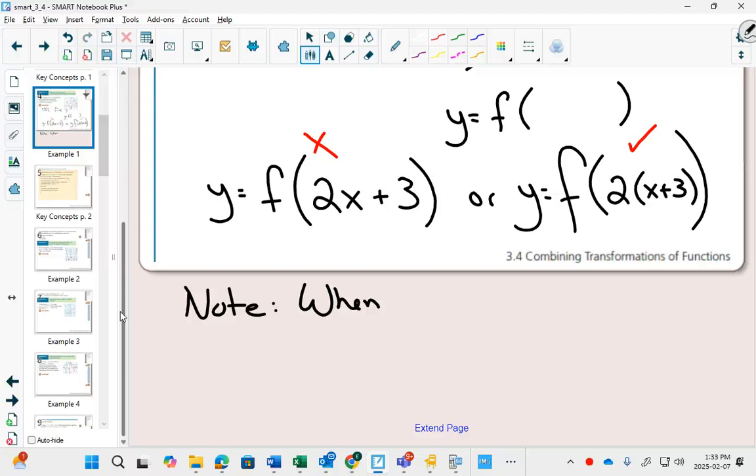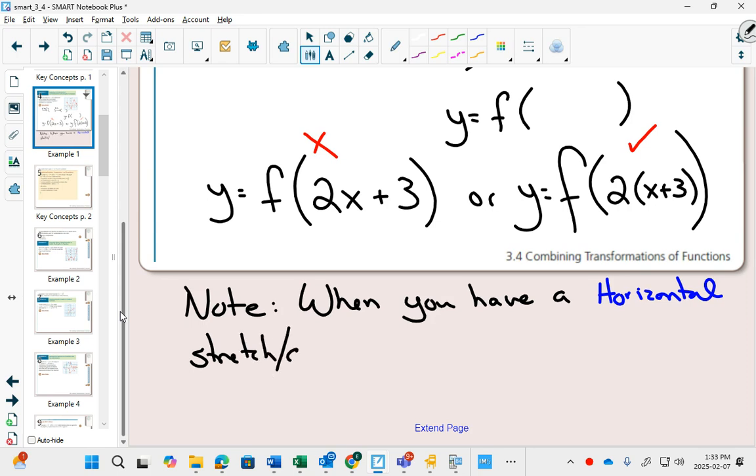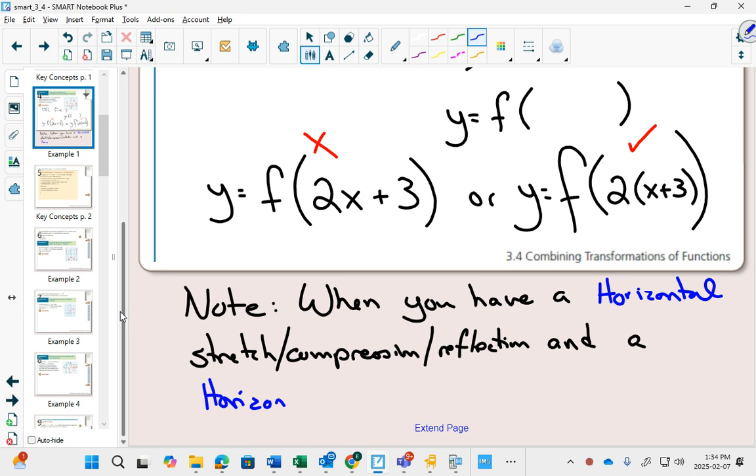Okay. All right. So when you have, and this only happens with horizontal stretch slash compression slash reflection and a horizontal translation.